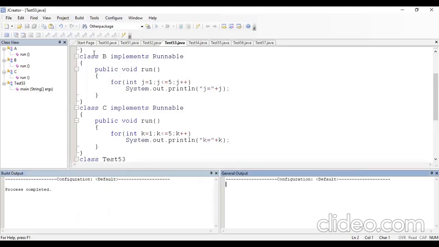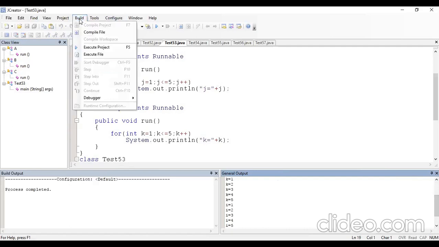Look, fine. No such differences I am getting here. The threading effect is not yet reflecting, because J gets executed, then the entire K gets executed, then I gets executed.